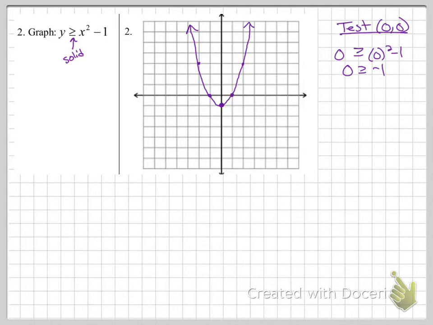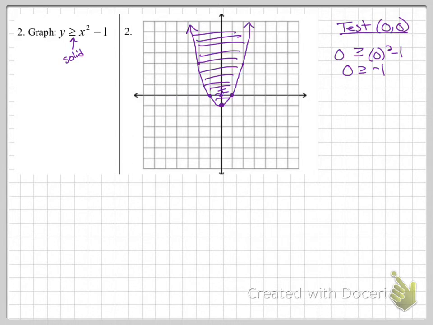Yes, because 0 is bigger than negative 1. So that means the point I tested, 0, 0, is true. You always shade where the trues are. So since 0 is inside the parabola, the inside must be true.